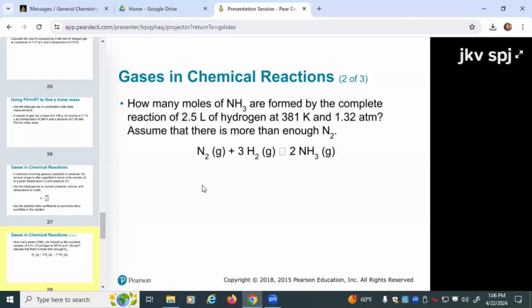for our purposes, 381 Kelvin is 108 degrees Celsius. And 1.32 atmospheres is certainly an attainable pressure, but it's not exactly one that we're going to encounter without dealing with some kind of pressurized tank.